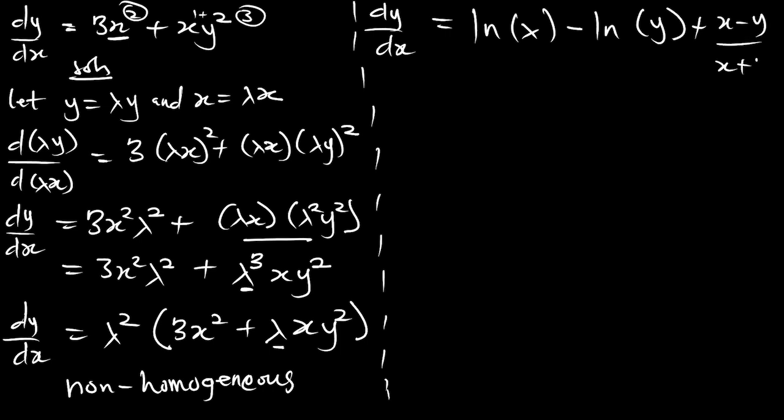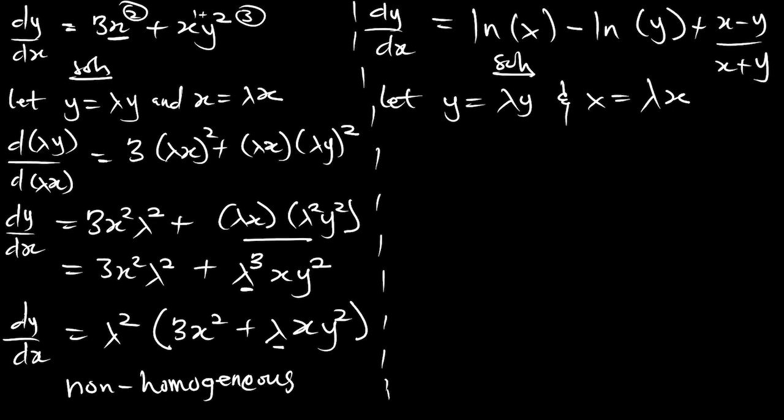So this is our equation we are going to solve. So, solution, we let our y be equal to lambda y and our x be equal to lambda x. So let's put it in the equation.